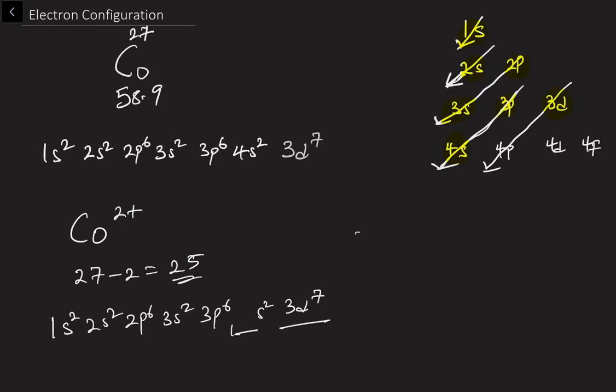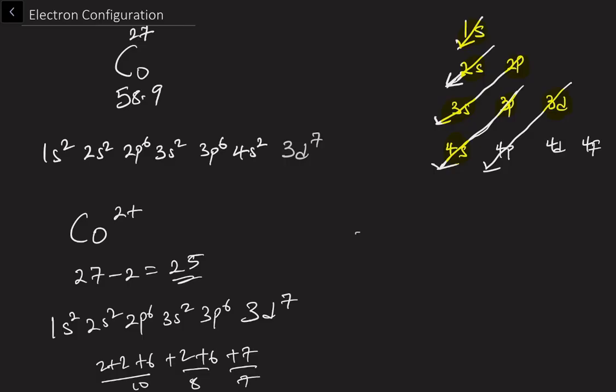So if we remove, remember 2 electrons have been lost, you can say 4s0, or most times we just don't write that. So that's 3d7. So 2 plus 2 plus 6 plus 2 plus 6 plus 7, this is 10, 18, 25 electrons.